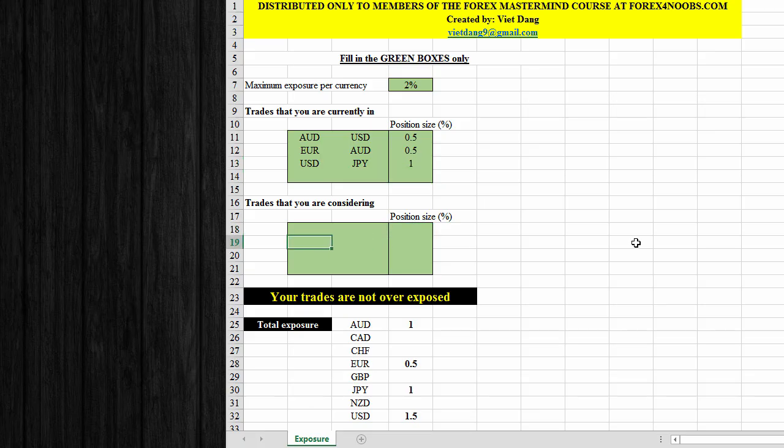Step 3. Fill in the trade that you are thinking of entering. The calculator will let you know if you are going to exceed your exposure limit or not.